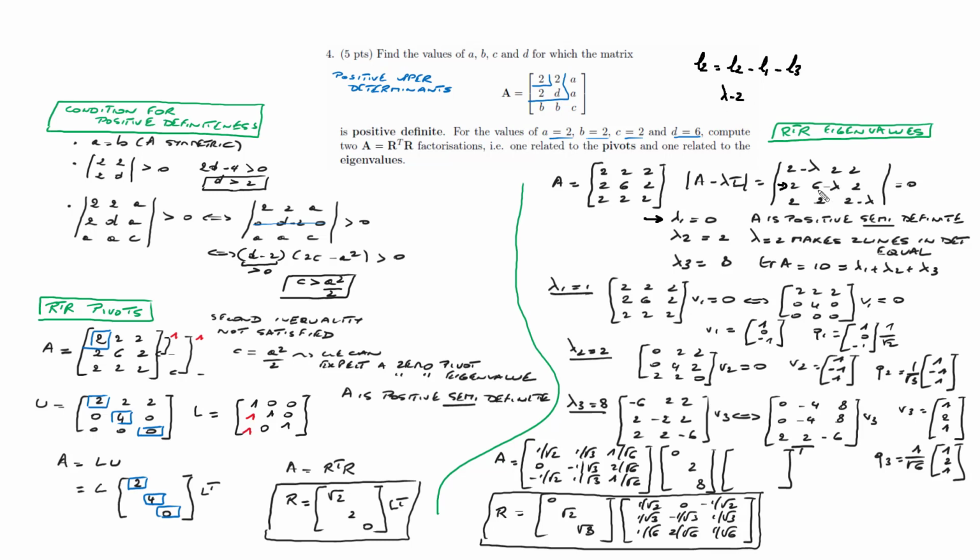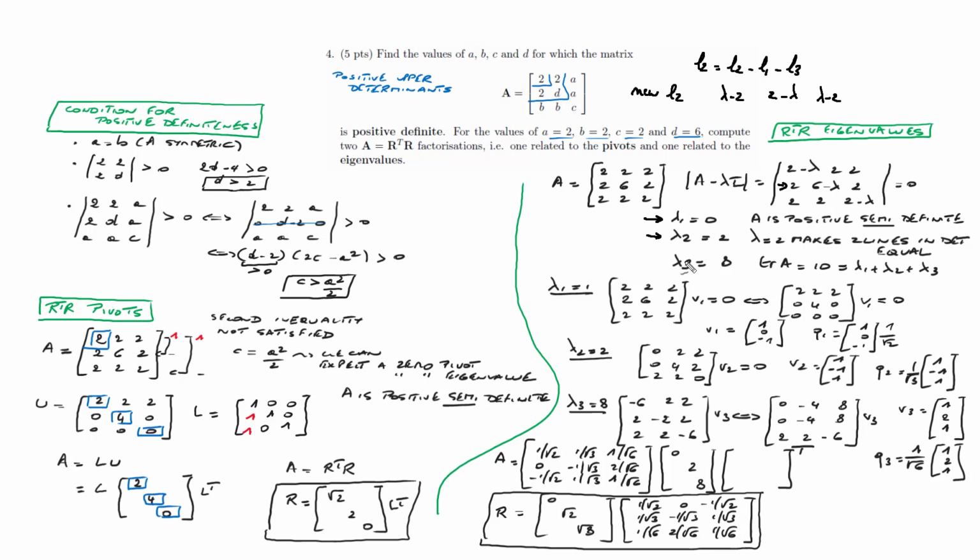Then you'll have this one minus this one minus this one. You have 2 minus lambda. And then you have this one minus this one. This is 0 minus this one. And you have again lambda minus 2. So this will be the new second line. And you see that for lambda equal to 2, this line becomes 0. So lambda equal to 2 is an eigenvalue.